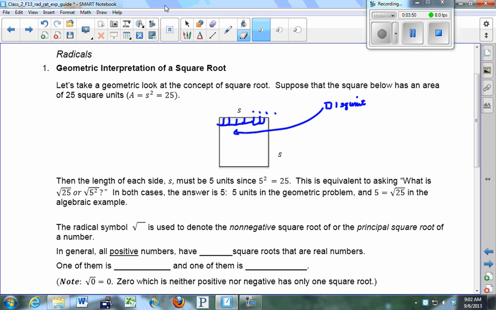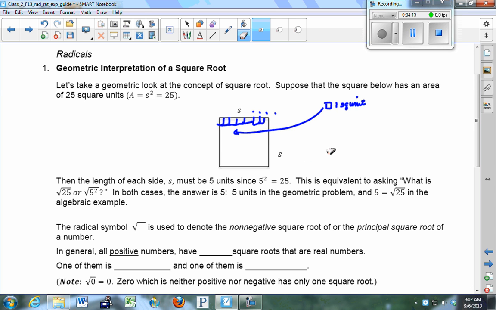So where do we get the idea of this term square root? Hopefully you think in your mind it must have something to do with a square. The length of each side of this square has to be 5, because 5 times 5, or 5 squared, would give us 25.